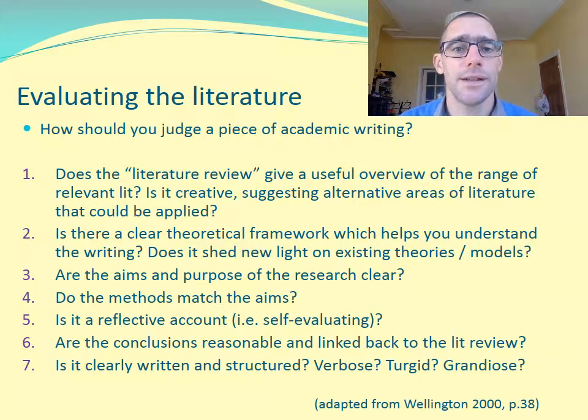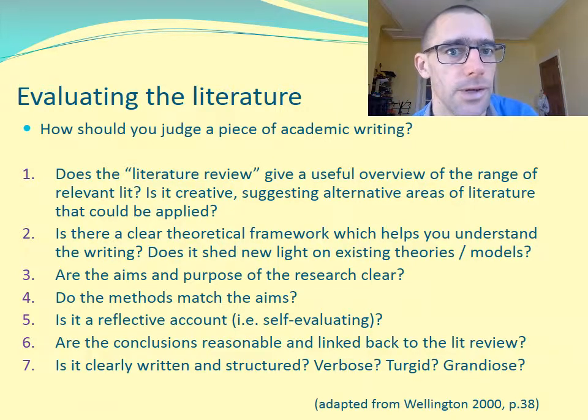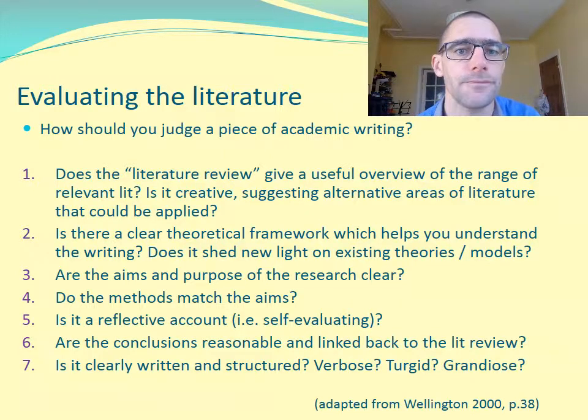So this slide gives you some ideas for how you should judge a piece of academic writing, and it draws on the work of Jerry Wellington, who's a very well-known writer on research methodology and methods. So, questions you can ask in order to be critical about the literature that you are reviewing.